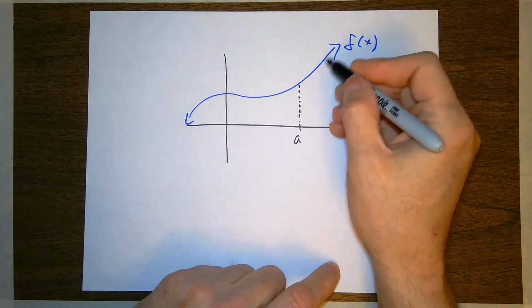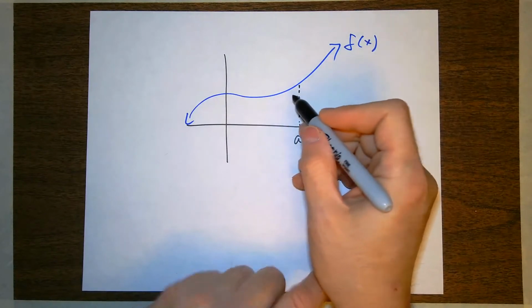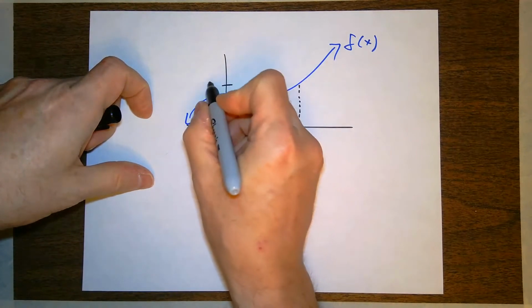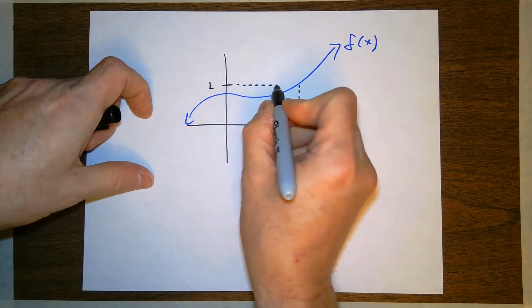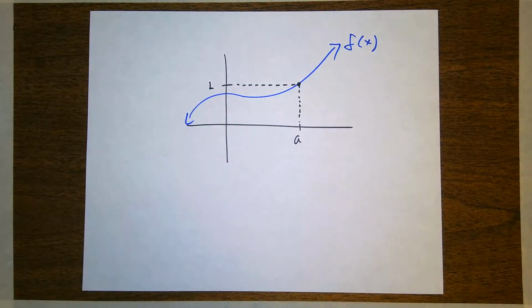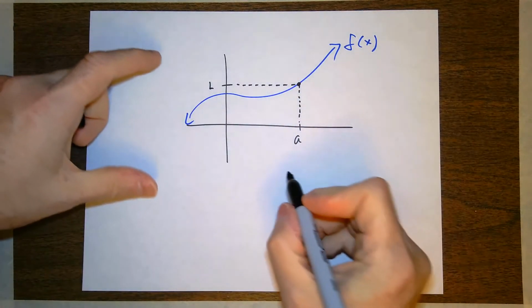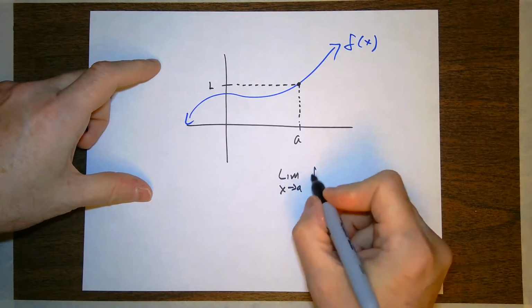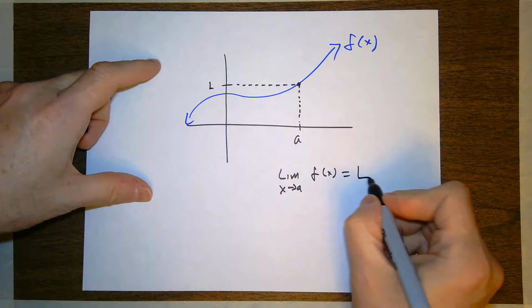As we approach from the right-handed side, as we approach from the left-handed side, we get closer and closer to some value L. And then we know the notation here. The notation we say is the limit as x approaches A of f of x is L.